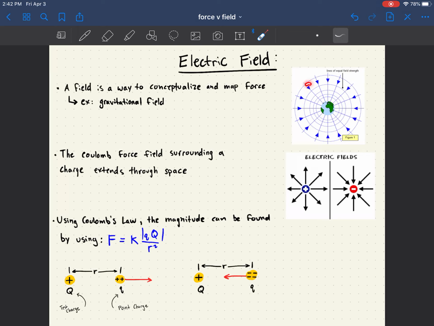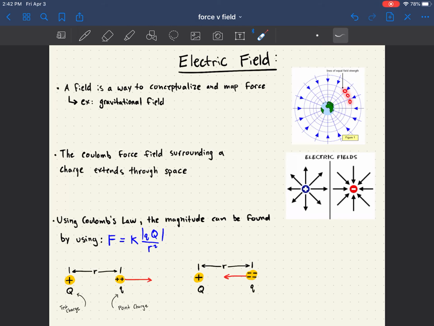You don't actually see these fields, but they do a great job of illustrating what is happening. In this gravitational field illustration, it represents how gravity in a gravitational field will be pulling objects toward its center, or the force of gravity pulls things towards it.